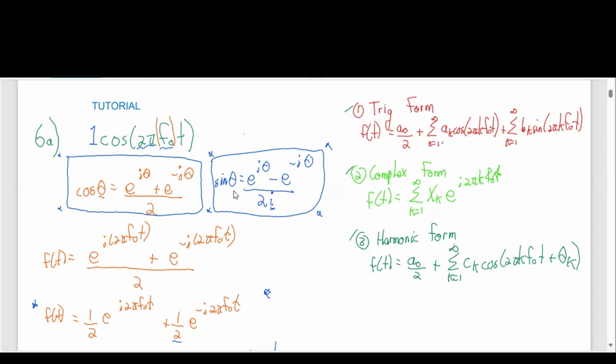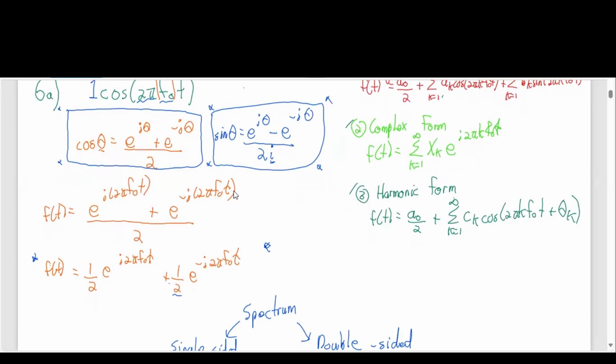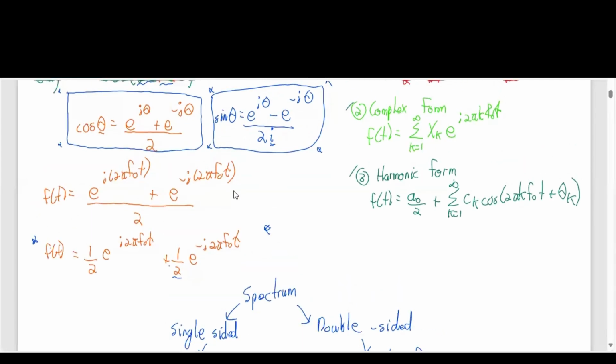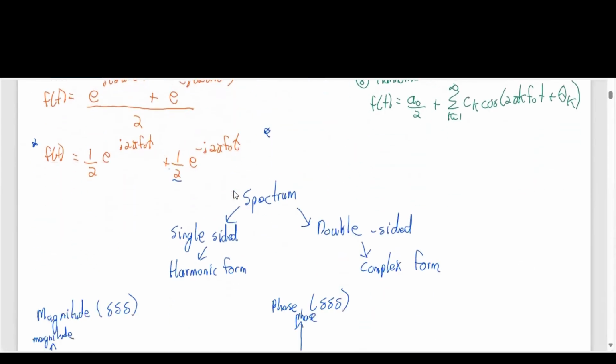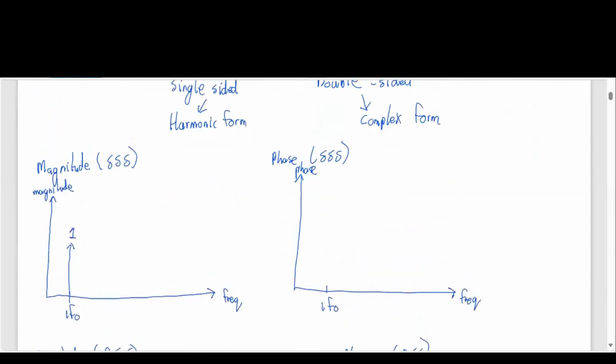Theta, as I said, is the thing inside the angle for the cos. You fling it in and you pull it out, and you end up with the complex exponential form. And with that said, that is the first question, the spectrums. We'll continue more in the next video.